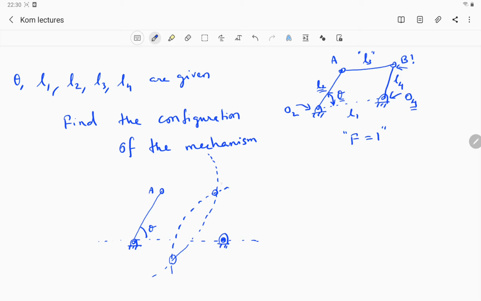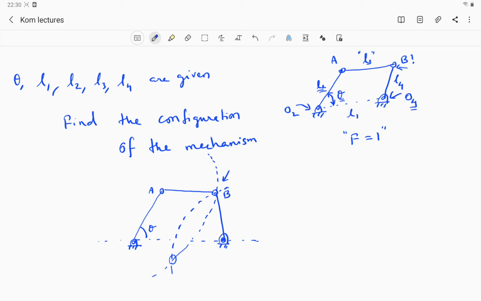Let's say let me assume this is going to be our solution, which means I can connect like this. So that's our point B.